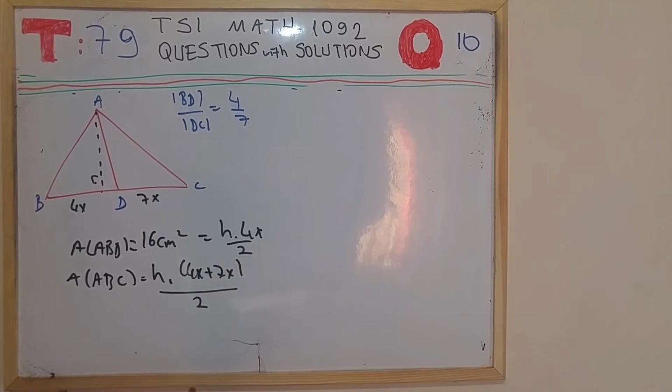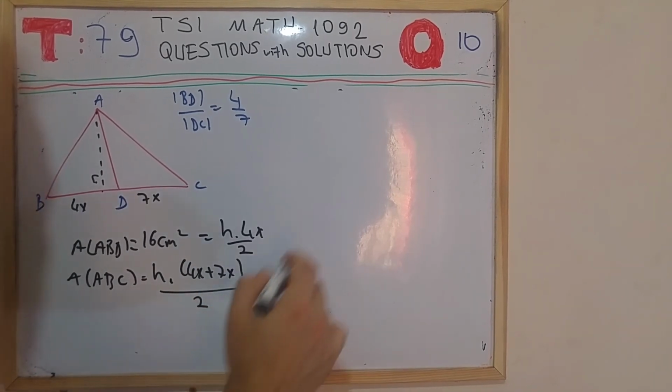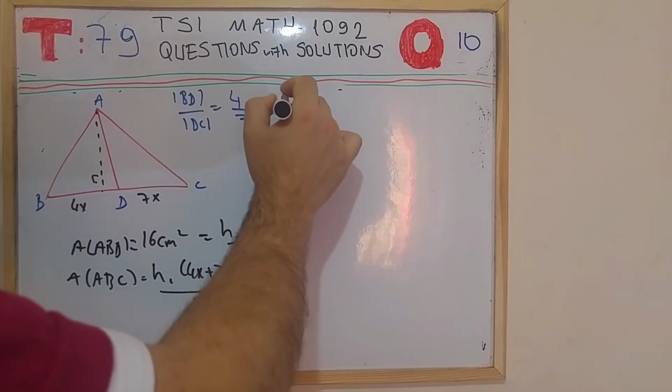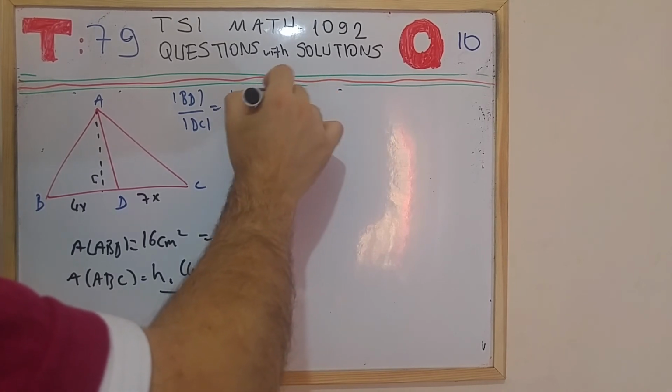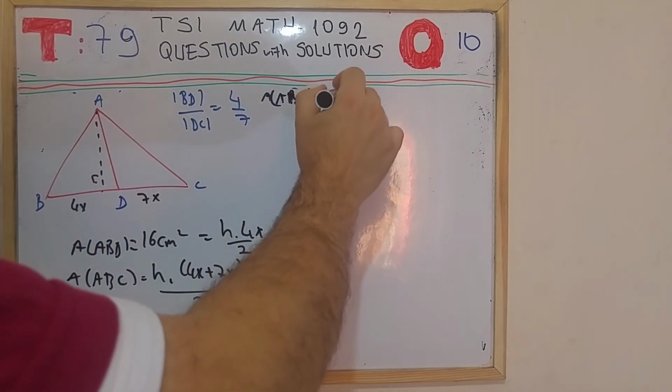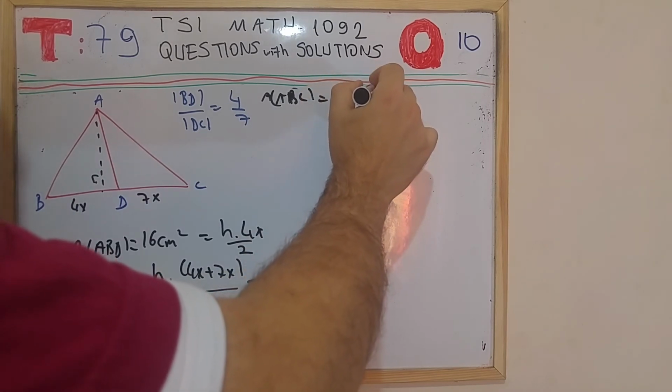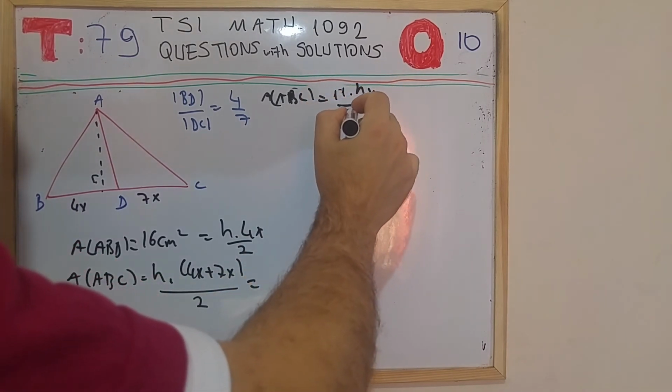Now let me continue this side, the area of ABC is equal to 11 times hx over 2.